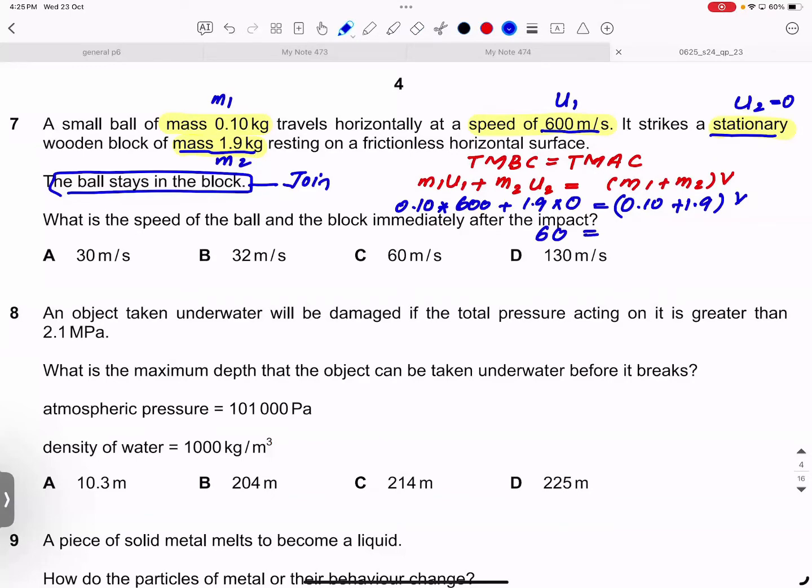The right-hand side is 2V. If you solve this, 60 divided by 2, answer is 30. We applied the principle of conservation of momentum. Total momentum before collision is equal to total momentum after collision.